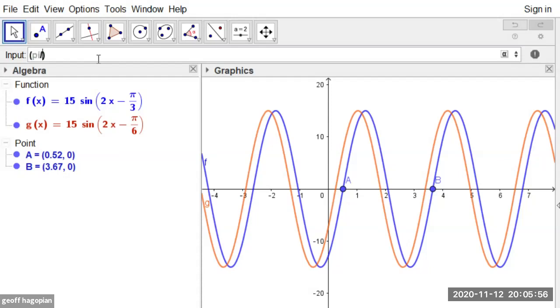If I go pi over 12, 0, that's the starting point. If I add pi to that, which is also the wavelength of this thing, I get the end point of that one. And I would say these are more in phase than out of phase.